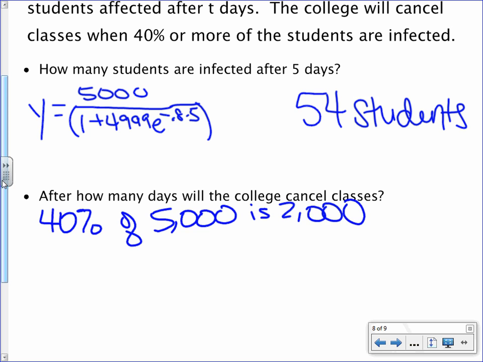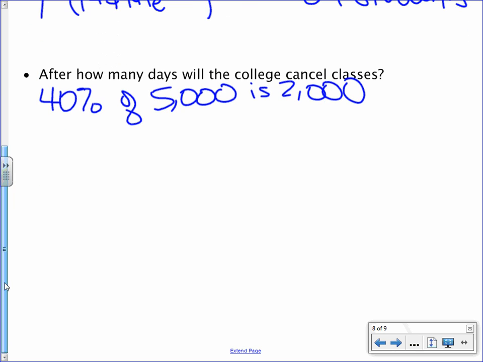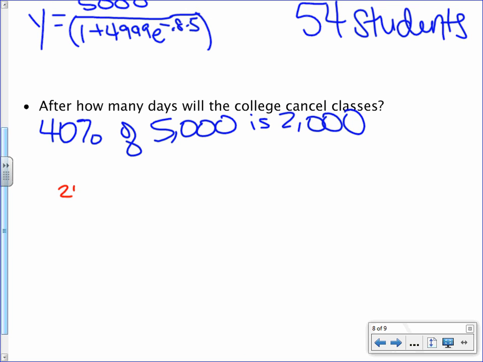So what are we going to do with that 2,000? Plug that in for y. So 2,000 equals 5,000 over 1 plus 4,999 e to the negative 0.8 times t. Sorry, t. I was tapping up there.